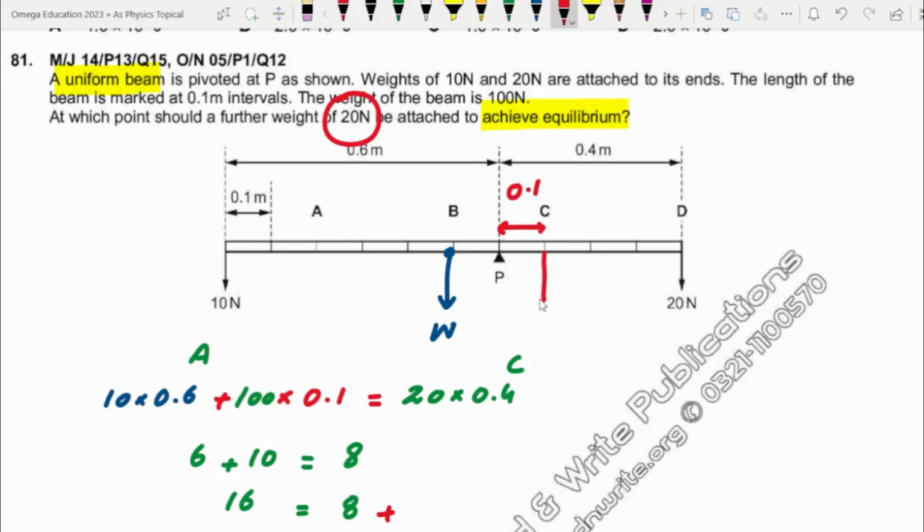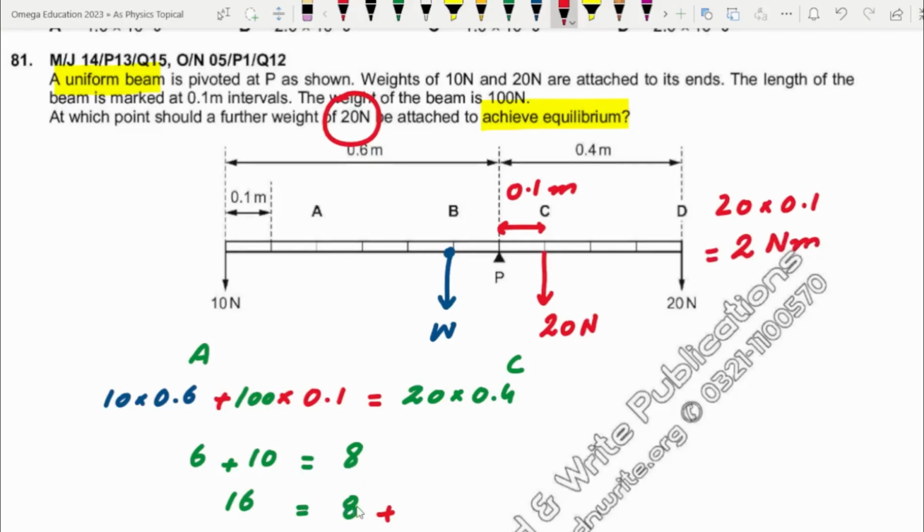So I'm adding a force of 20 Newton clockwise at the point C, which is 0.1 meters away. So 20 times 0.1. This would result in only an extra moment of 2 Newton meter.